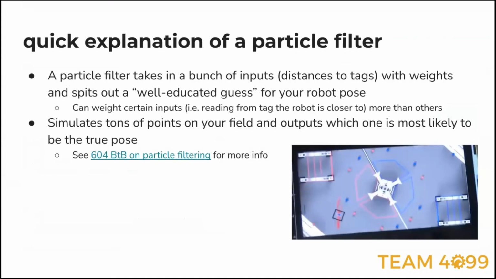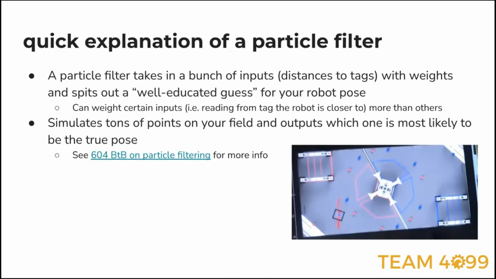So a particle filter is kind of a Kalman filter, except it works in a nonlinear space compared to a linear space. If you want more info on that, the WPILib documentation has a really good explanation of it, but I don't really have a good way to explain it off the top of my head. Yeah, it's complicated.